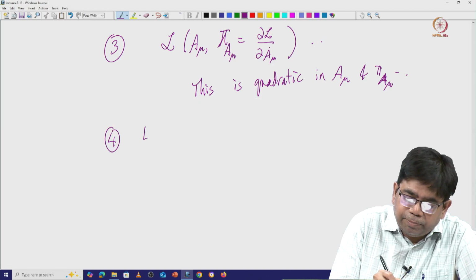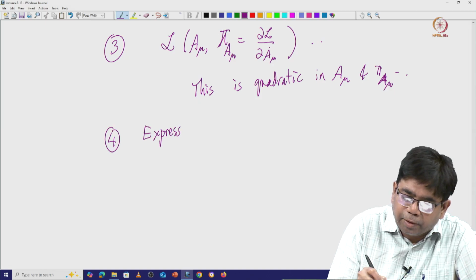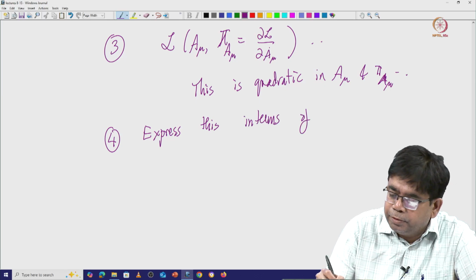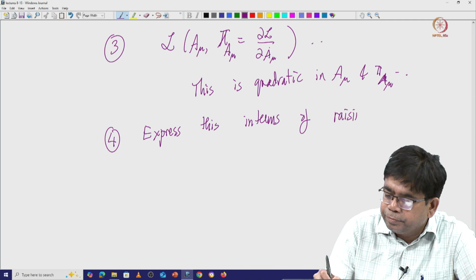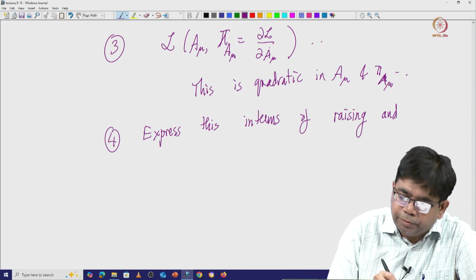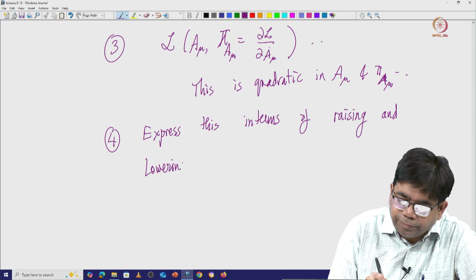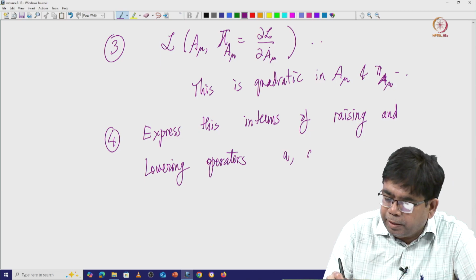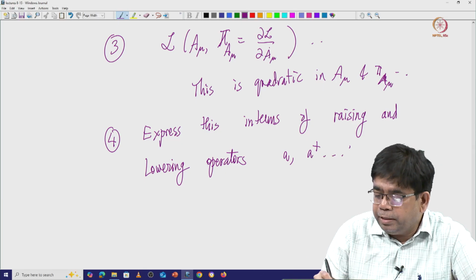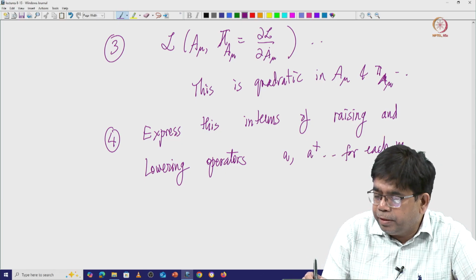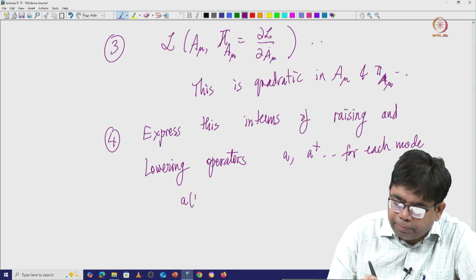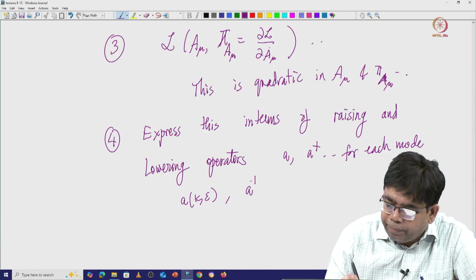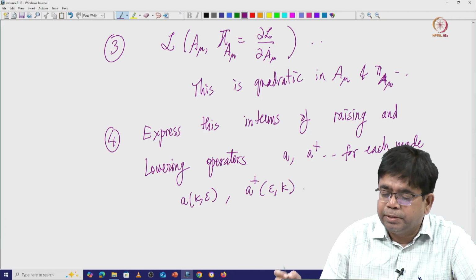Express this in terms of simple harmonic modes, with raising and lowering operators, a and a dagger for each mode. A mode means dependent upon epsilon and k, a epsilon k and a dagger epsilon k. You can express this entire thing.